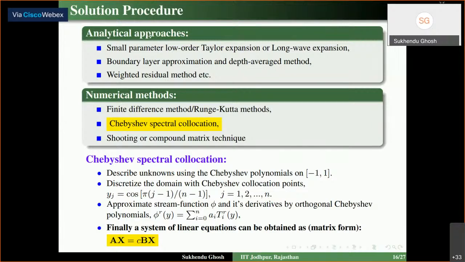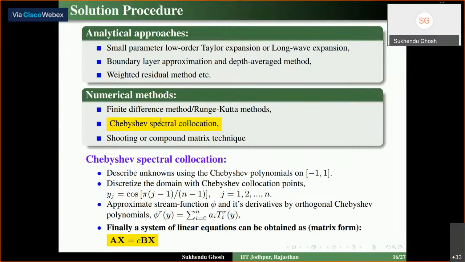If your problem or equation is very simple, as we have seen in earlier examples, then analytically you can find your eigenvalues and eigenvectors. But if the equation is much more complicated, analytical solution is very difficult, so you have to take help of numerical methods, and the most useful method for this kind of problem is the Chebyshev spectral collocation method.